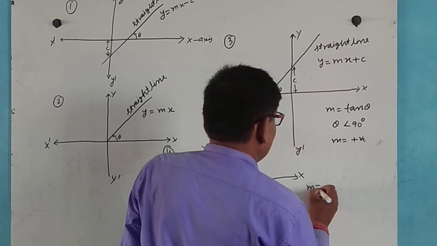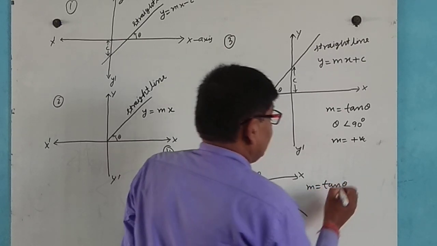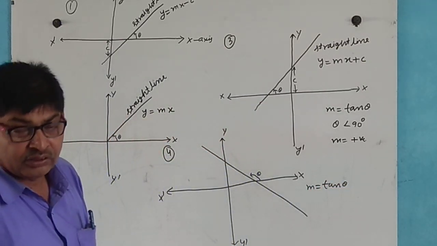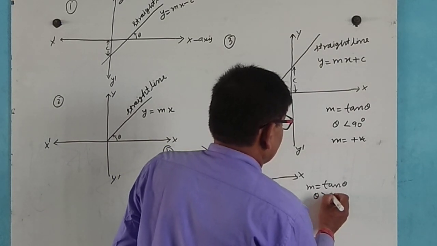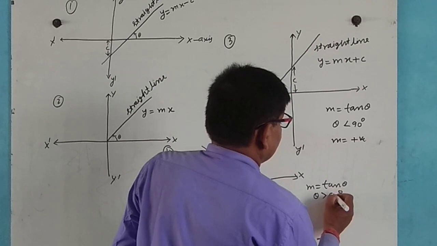M is equal to tan theta, and theta is greater than 90 degrees.